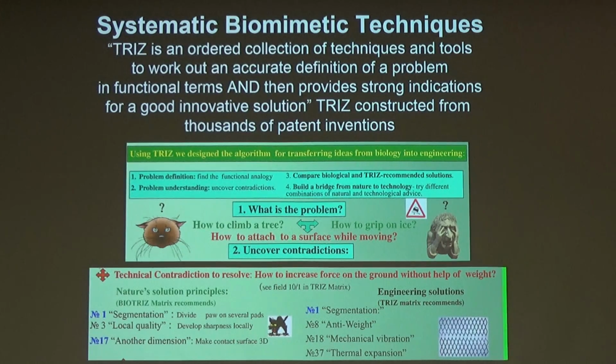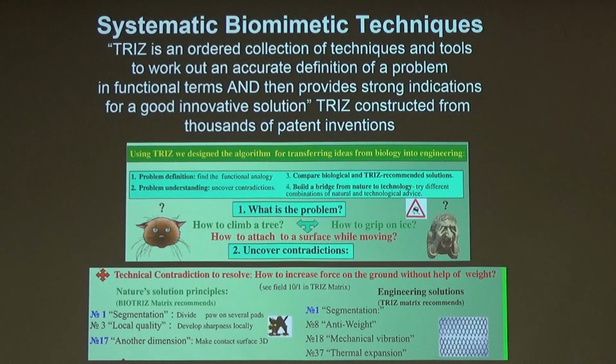So originally, it was constructed from thousands of patent inventions, so human invention. So he collected as many patents as possible, took years of research, and he tried to look at what patterns there were in these patents of how problems were solved, all sorts of different functions.